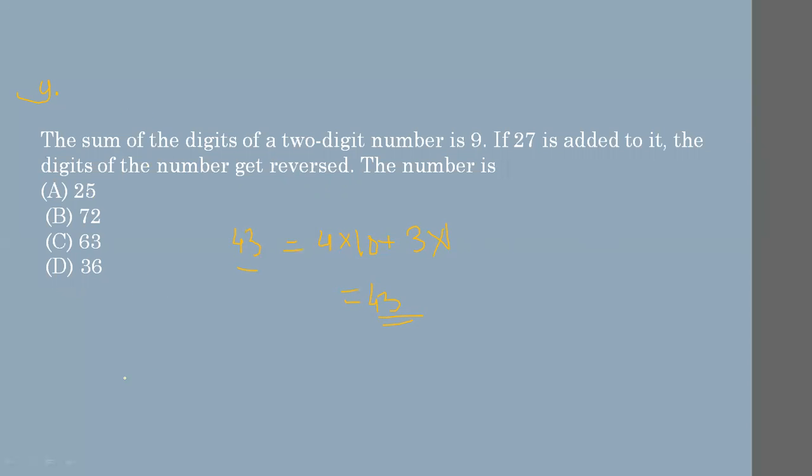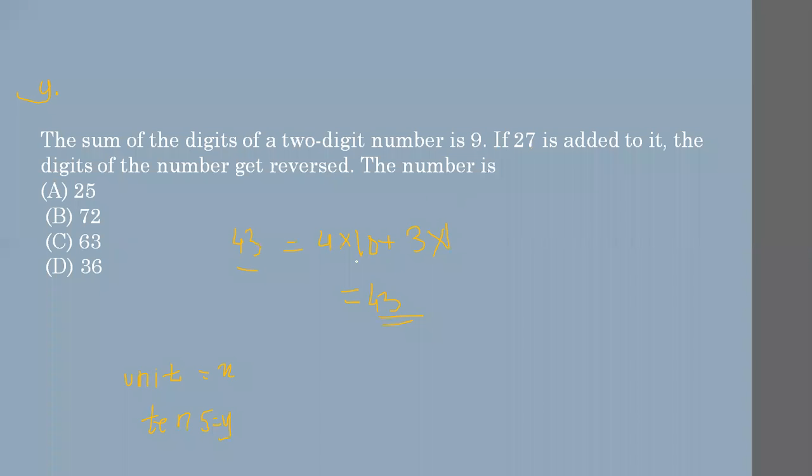So if we take the unit digit to be x and tens digit equal to y, then here I will solve it further. 10y plus x, because we have just now seen the tens digit will be multiplied by 10. And if we add 27 to it, then the position of the digits will be reversed.